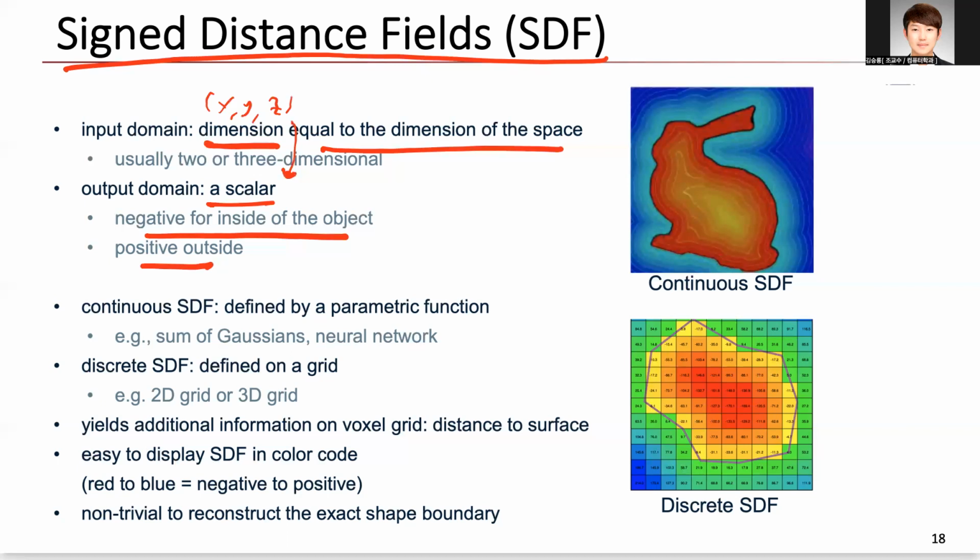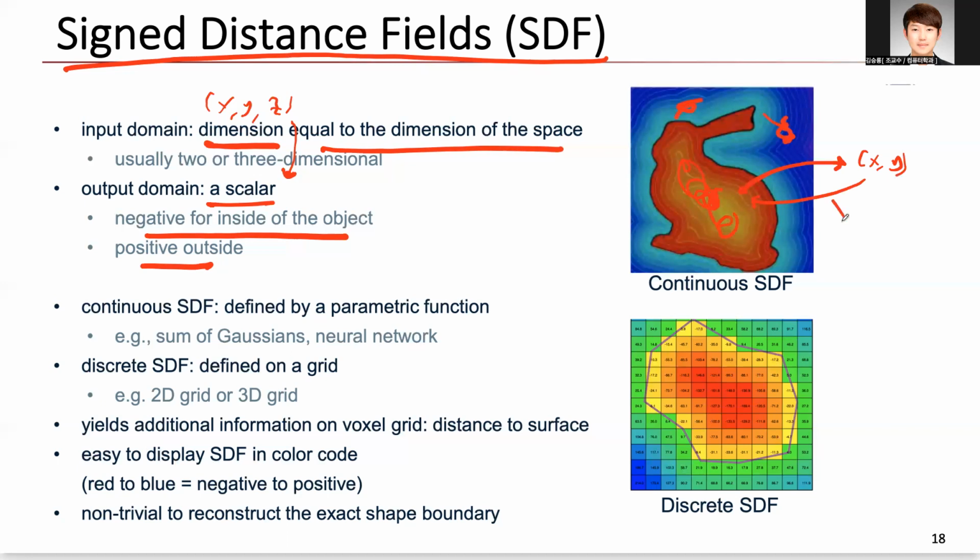For example, if we consider 2D images and want to represent a 2D object, given an XY coordinate, we assign a scalar value which is negative inside the object and positive outside.